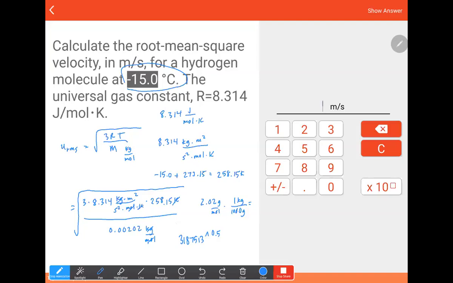Make sure you don't do 1 divided by 2 without parentheses, or you'll likely get the wrong answer. A lot of calculators have a square root button too, so you can use that one. Just make sure you take the square root of the answer of this number. I get 1785 meters per second. Since this started with 3 significant figures, I'm going to say 1790 meters per second.